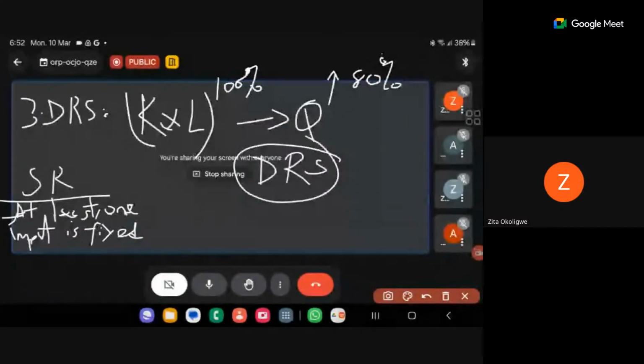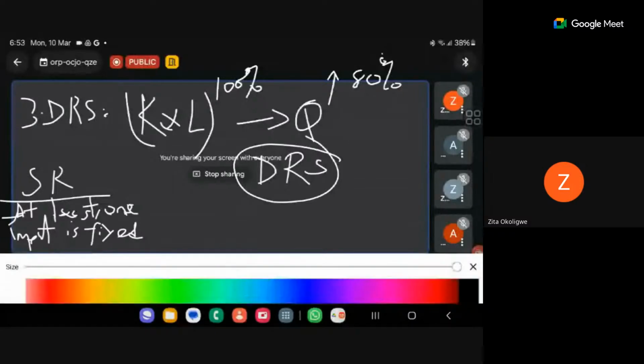So at least one input will be fixed in supply, and that one will be capital. When you say capital, you're talking about machines, buildings, tools, raw materials. So they are fixed in supply. So what is the law that operates in the short term? The law that operates here, in summary now, is called the law of returns to scale.